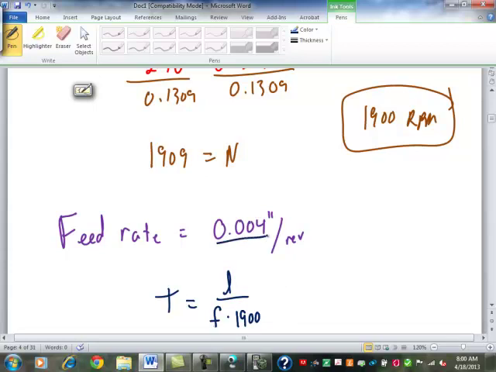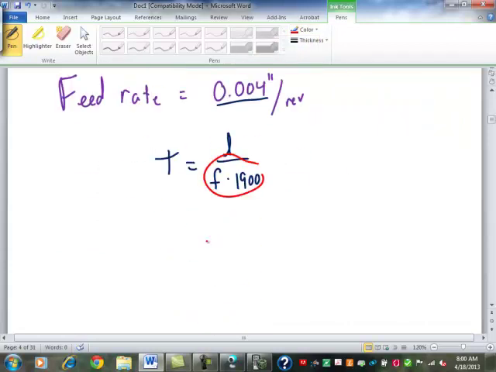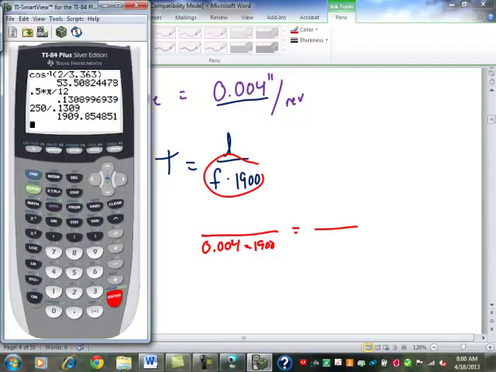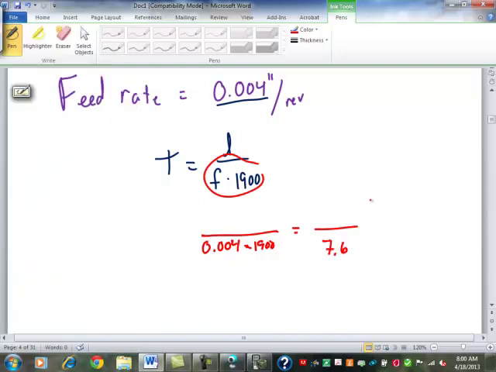Because what this is saying is you're going to go 0.004 inches per revolution, 1900 revolutions per minute. So when I multiply these two out, 0.004 times 1900, I get 7.6. What that is telling me is I could go 7.6 inches per minute.